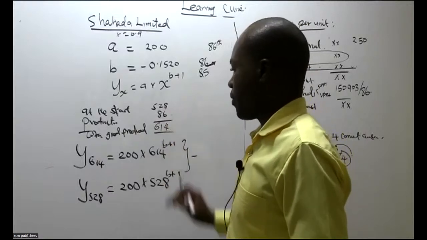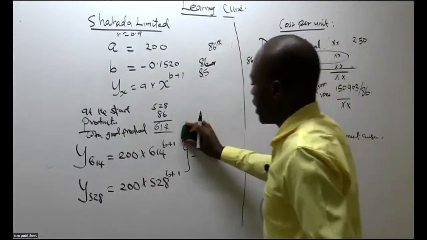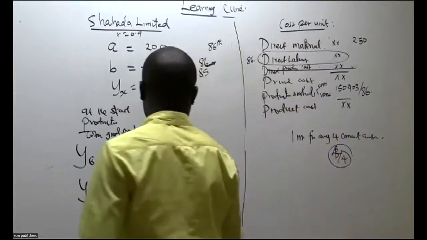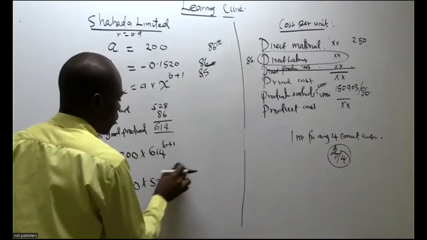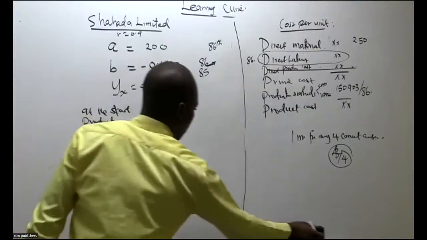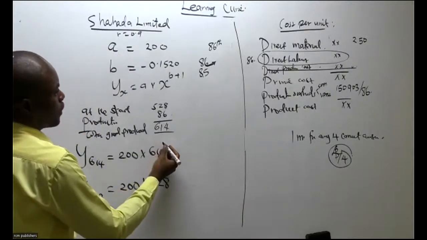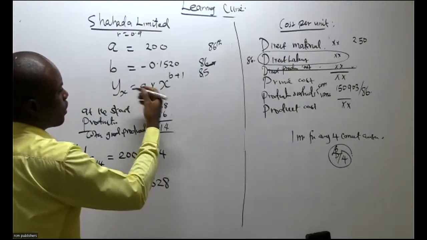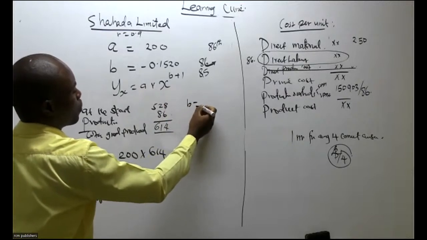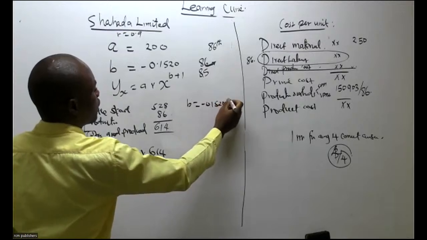So I want you to go ahead now and help me get those figures. I know very well that b was already calculated above. b is equal to negative 0.1520, but we have said it is b plus 1.